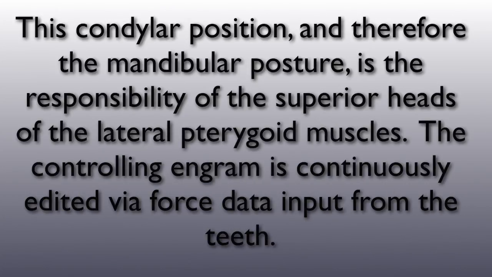This condylar position, and therefore the mandibular posture, is the responsibility of the superior heads of the lateral pterygoid muscles. They fire on closure. The controlling engram is continuously edited via force data input from the teeth.